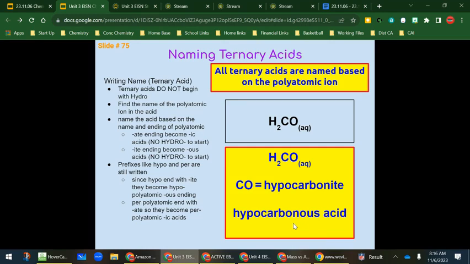There's your naming system for acids, ladies and gentlemen. Either it begins with hydro and ends with ic acid because it's binary, or we take the name of the polyatomic and we change it to end in ic if it's an ATE, or OUS if it's an ITE. Questions?